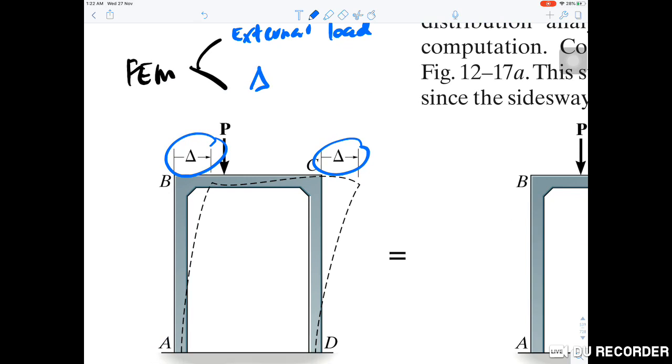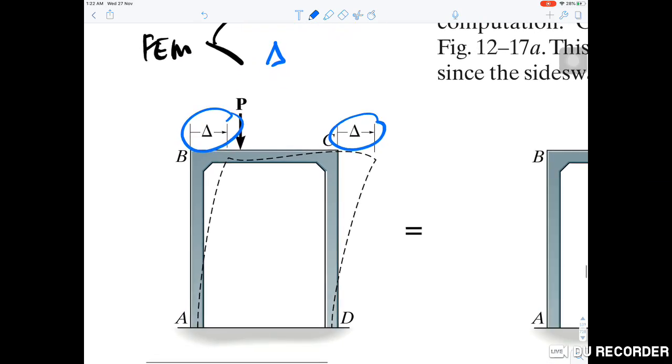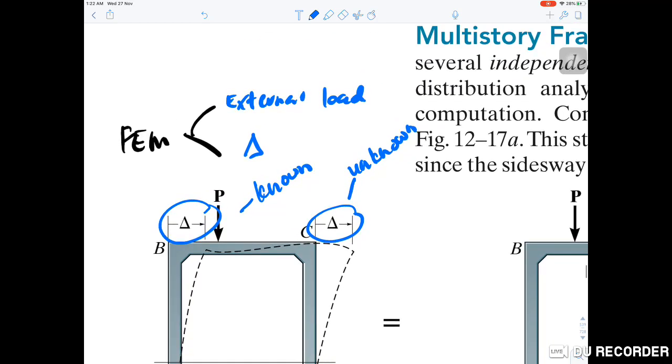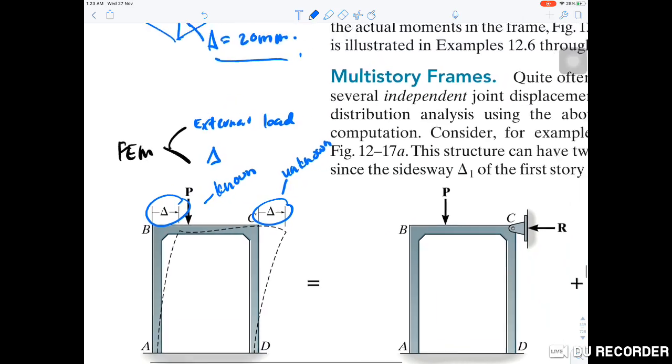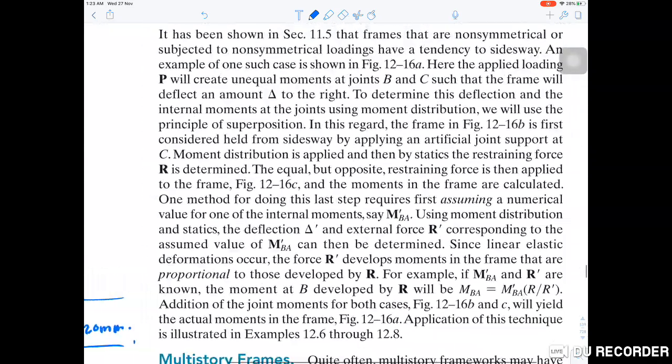In this frame, there are P and delta together, but since P is a known value and delta is unknown, we cannot analyze a sidesway frame just like we analyze a beam. Okay, let's read together.